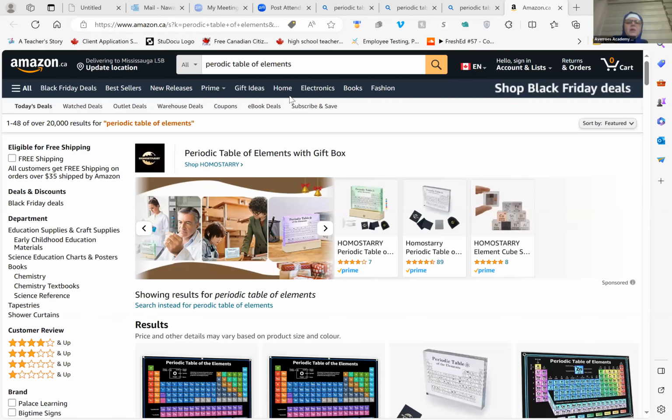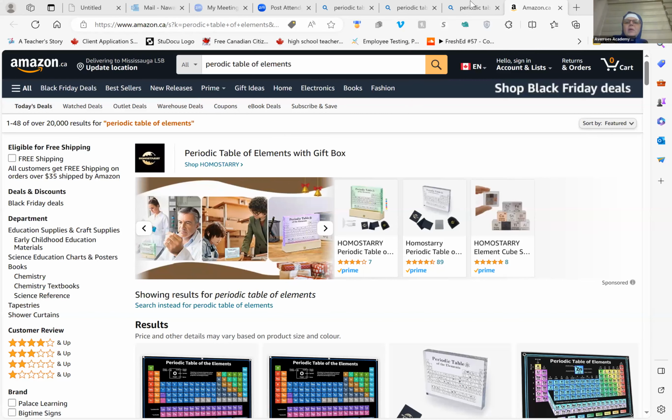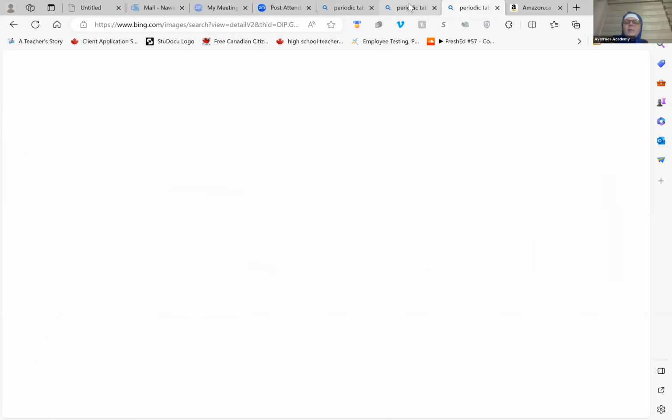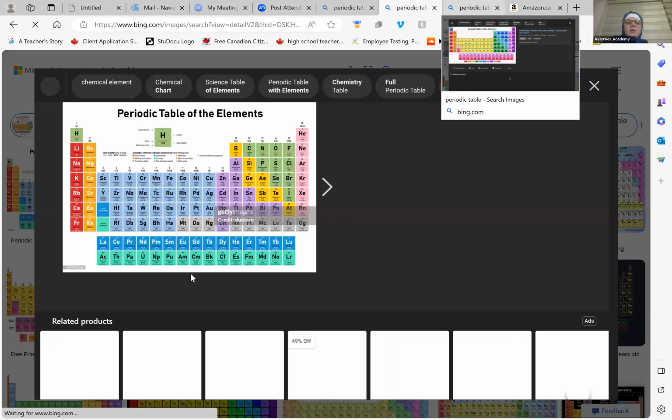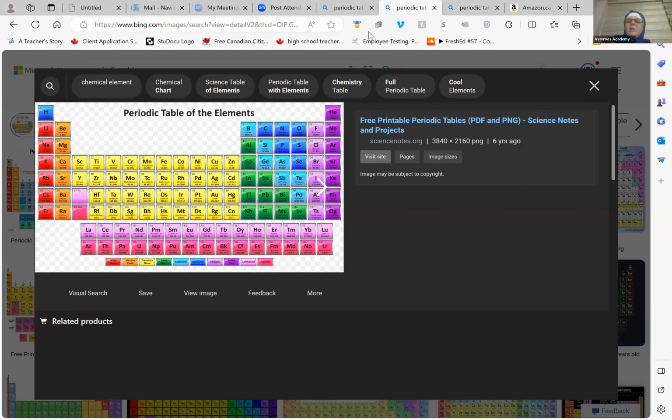We have to go back. There are many periodic tables. Do you see this one? It's a good periodic table. The number is up and the number is down, but it's very small. You cannot see it, and I cannot make it big. If you didn't find one, I will share one with you. But let me first figure it out.